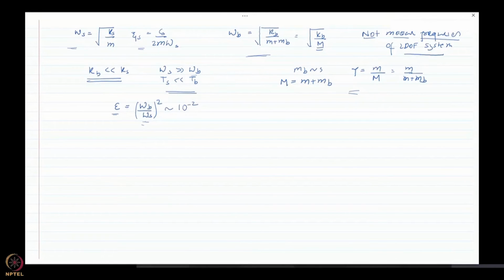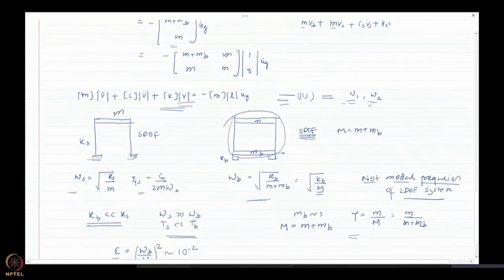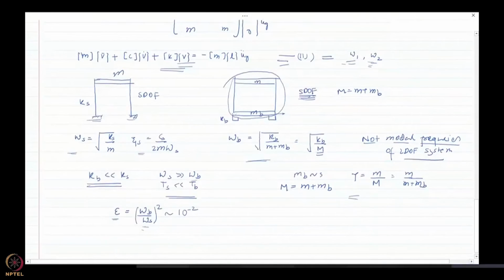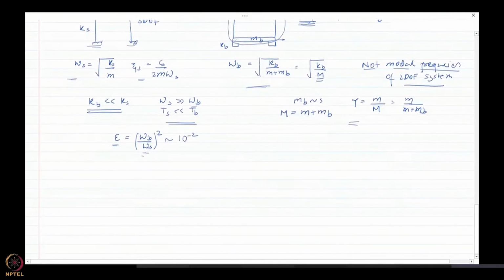If the initial ratio was 1 by 10 or 0.1, when you consider the square, that ratio becomes 10 to the power minus 2. I'm considering the square because when I solve this multi-degree of freedom equation, I actually get square terms like this. Is this clear, everybody? I'm just defining these terms because I'm going to encounter them later when I solve this equation, and then it becomes helpful to know them.